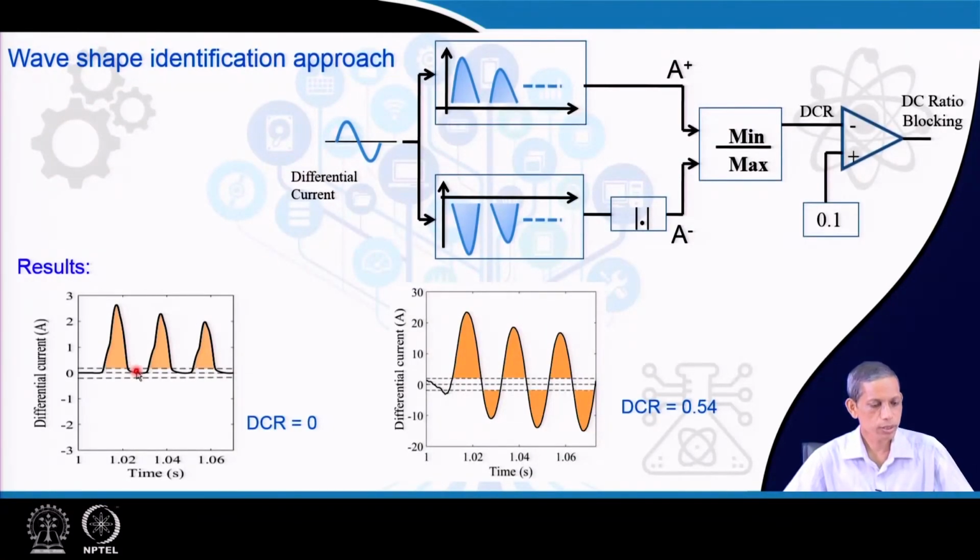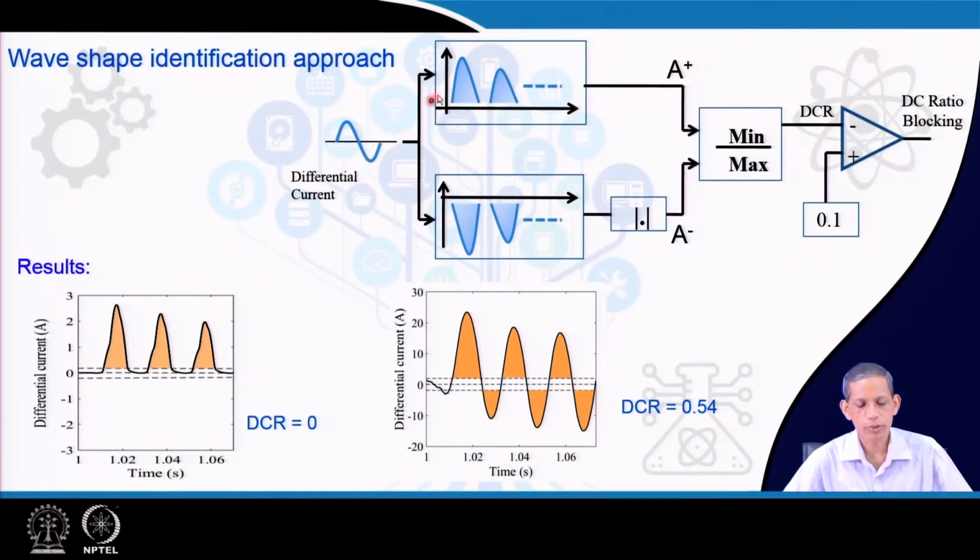So, for the internal differential current, DCR equals 0 for the inrush situation. For an internal fault case, which we have already narrated earlier, the curve becomes like this and the DCR comes out to be 0.54, close to one, so much higher than the corresponding 0 value.